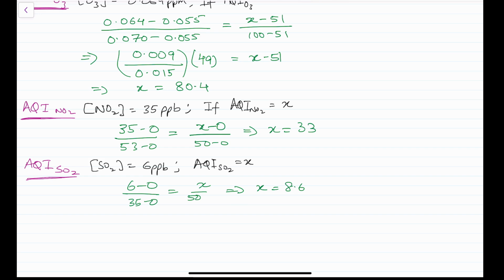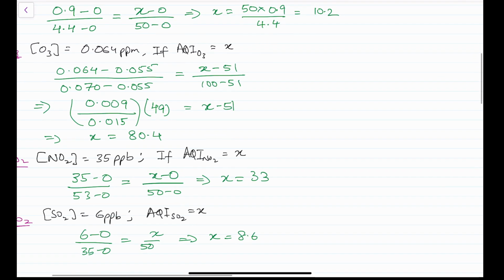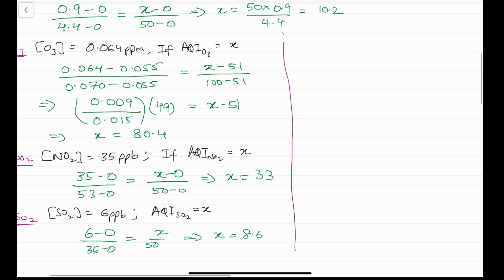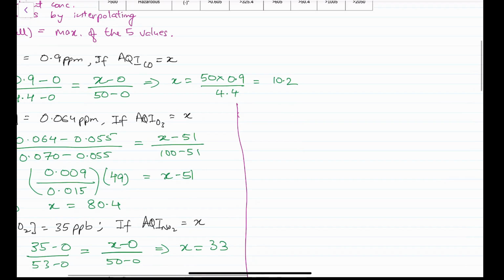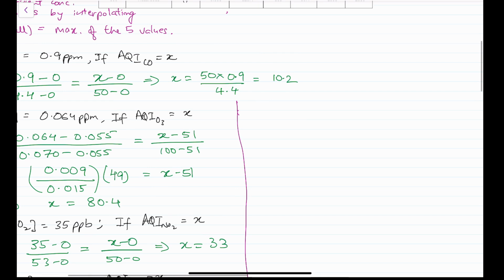Okay, and now we have left PM 2.5 and PM 10. So let's do those two as well. Trying to save some space here. So AQI of PM 2.5. The value given is PM2.5 is 18.7 microgram per meter cubed.